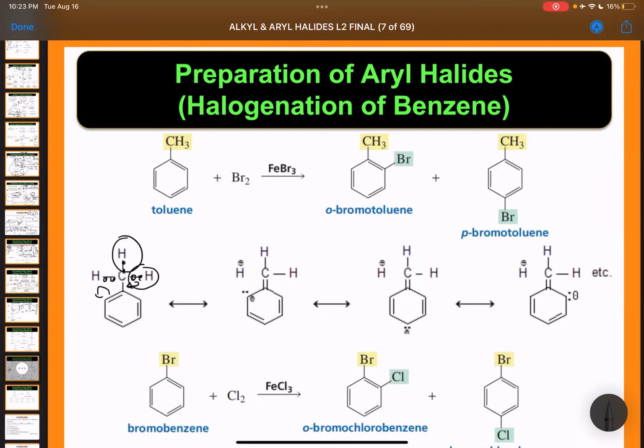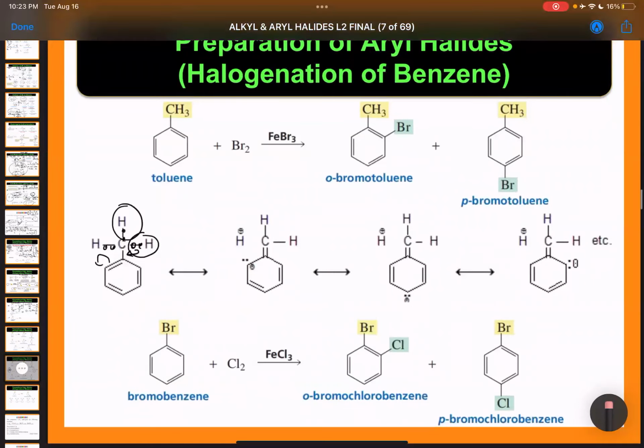You can see these electrons will get into the ring and get shifted, and this will make the electron density of the CH bond appear on the ortho position, para position, and ortho position, and that's how it becomes more rich.